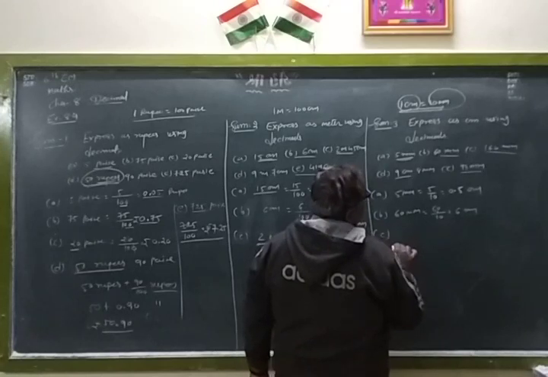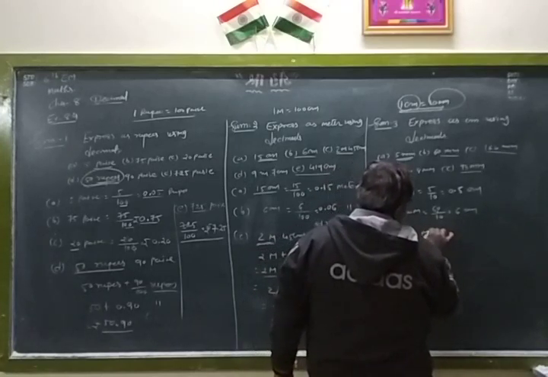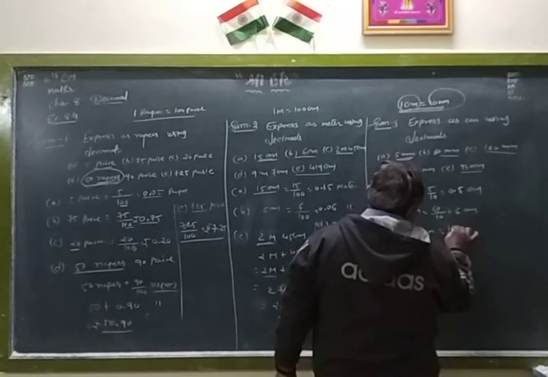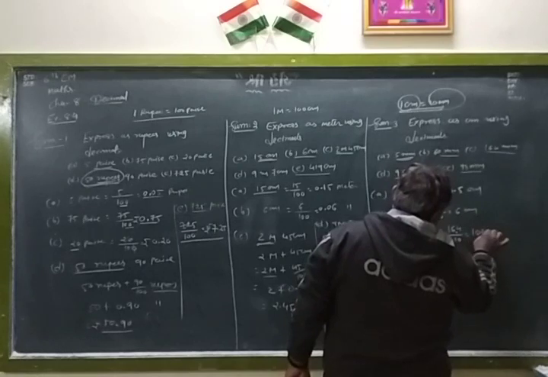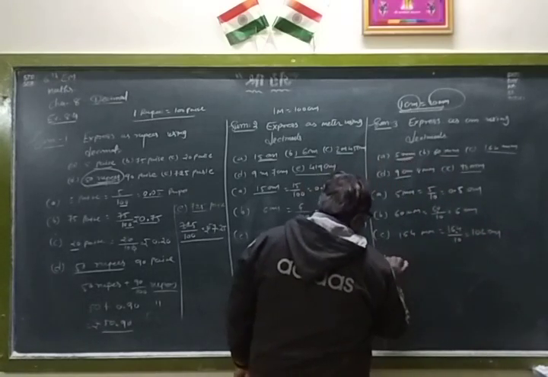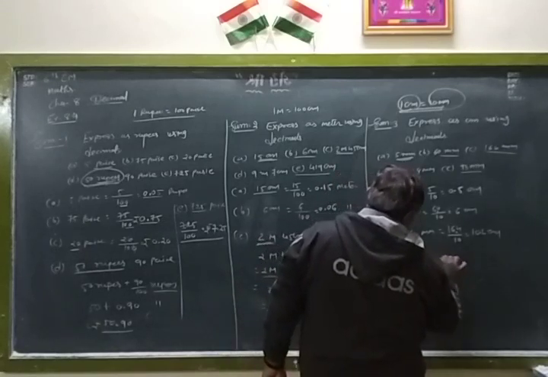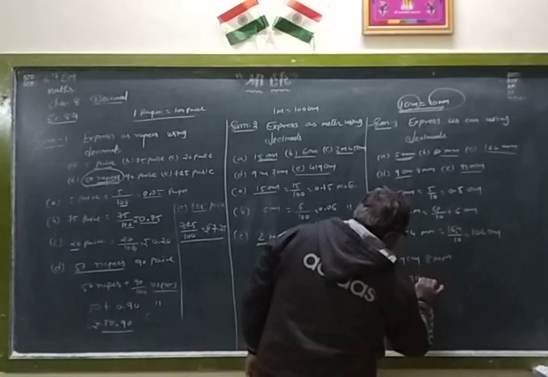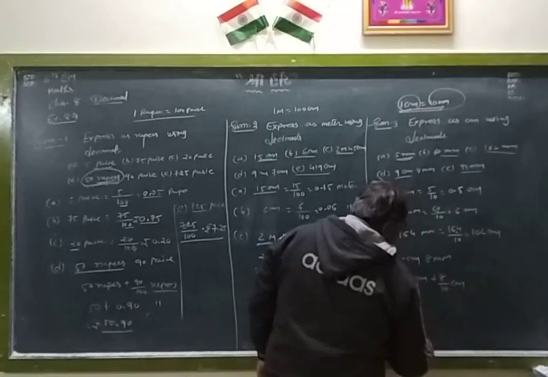C, 164 mm divided by 10, only 1 digit cut, so therefore 16.4 centimeter. Like these, 9 centimeter and 8 mm. So here 9 centimeter is complete. 8 mm is equal to 8/10 centimeter.